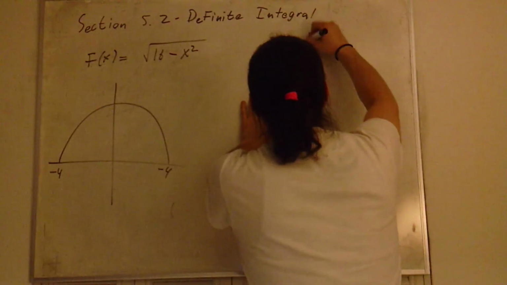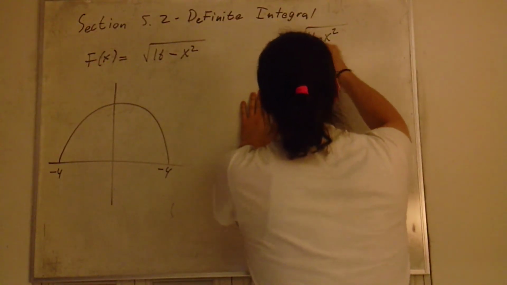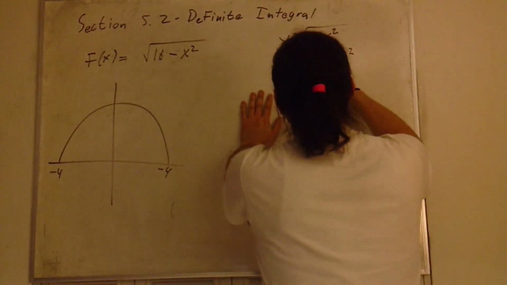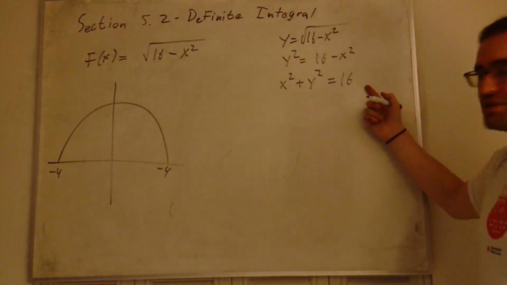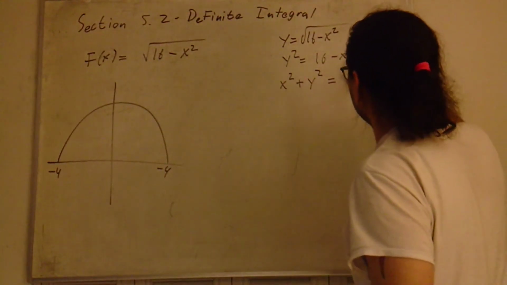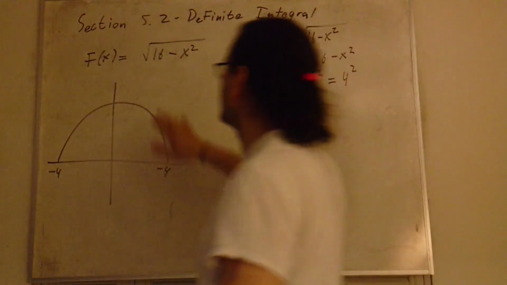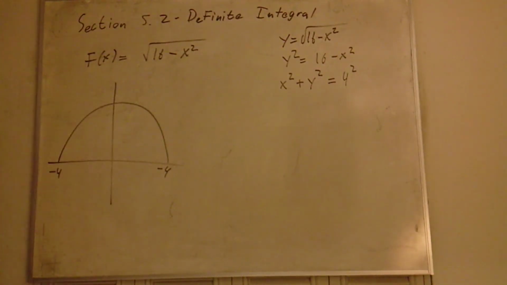If y equals the square root of 16 minus x squared, you could square both sides and then move the x over and get y squared plus x squared equals 16. I'll call it 4 squared. That's what makes this a circle of radius 4, because it's the positive square root, not the negative. We have the top half of the circle, so we get the semicircle.